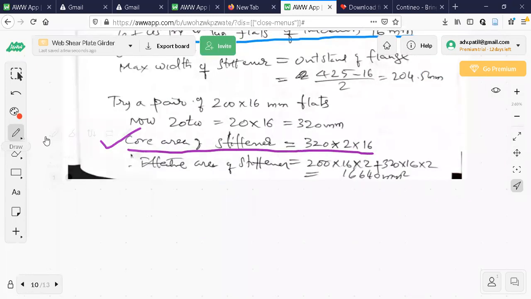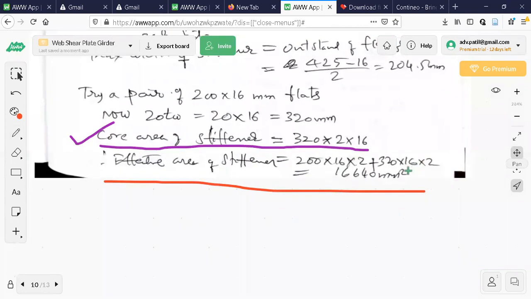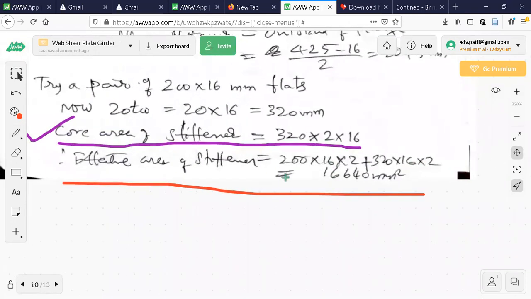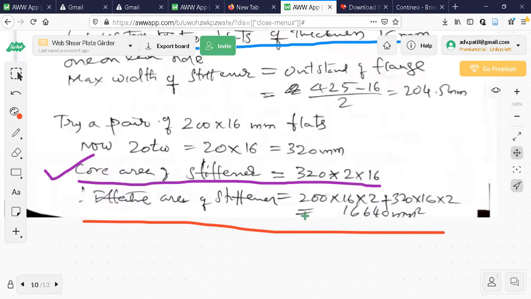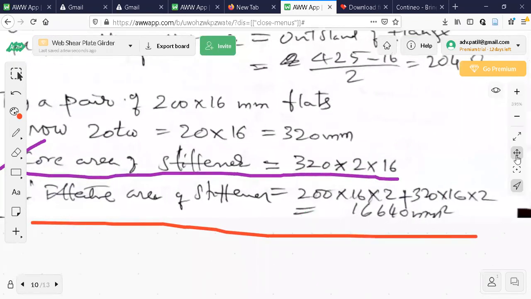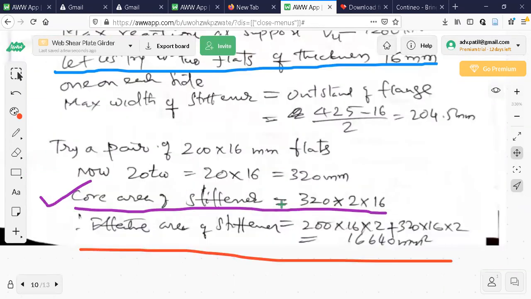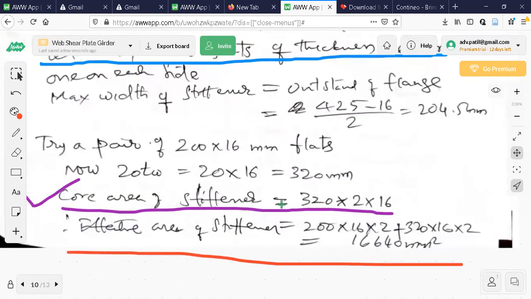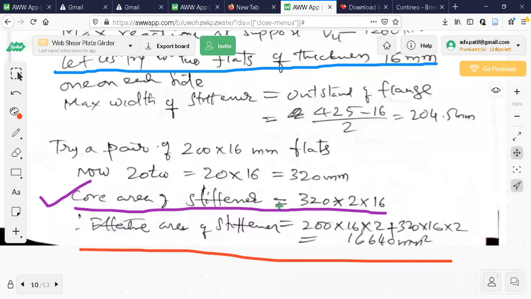This area is final here. Now what is this one? Are you able to see these numbers? Can you see these numbers or no? Yes, sir. Okay. Observe here. Whenever you want me to zoom it, you can tell me. I'll zoom and show you that. Now observe here. Yes, sir.